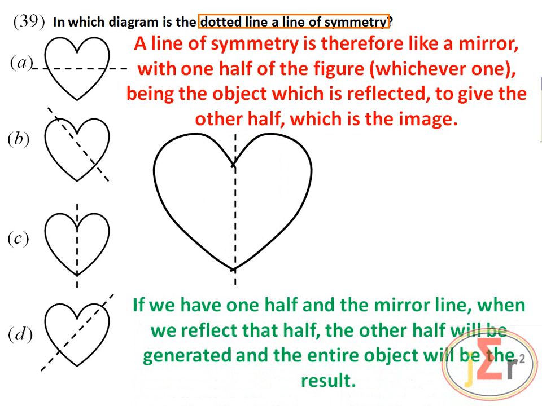If we have one half and the mirror line, when we reflect that half, the other half will be generated and the entire object will be the result, as we have it right there.